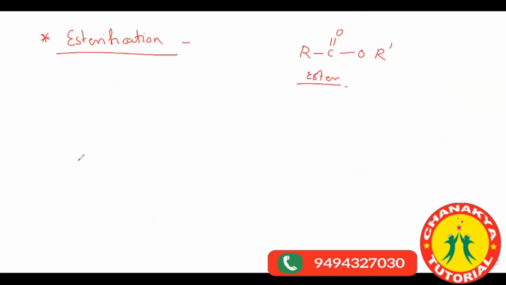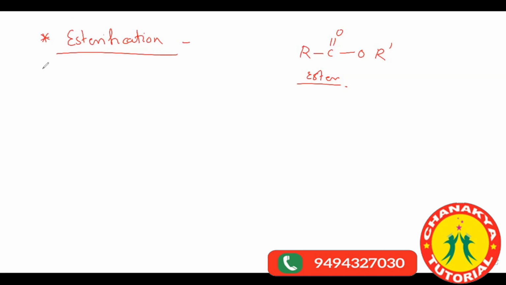Alcohol and phenol react with carboxylic acid, acid chloride and acid anhydride to form an ester. So it cannot react only with the carboxylic acid. It can react with acid chlorides. It can react with acid anhydride to form the ester.